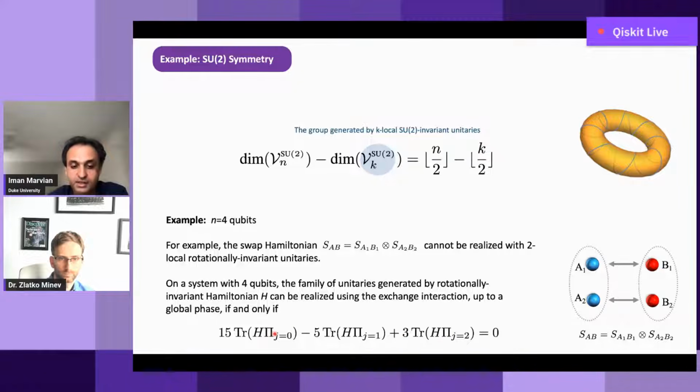Here pi_j is a projector to the subspace with angular momentum j, and this particular linear combination, with these integer coefficients, should be 0 to be realizable with 2-local SU2 invariant unitaries. This constraint comes from the locality of the interaction, essentially. And the swap Hamiltonian doesn't satisfy this constraint, so it's not realizable.